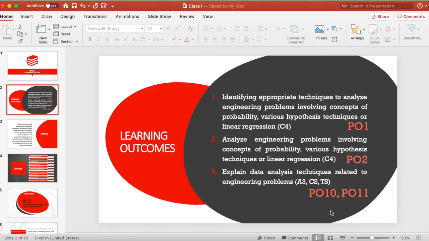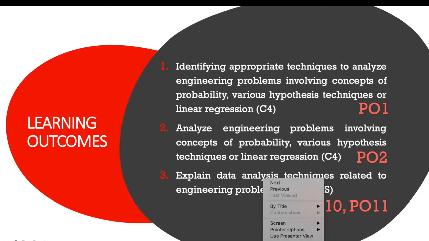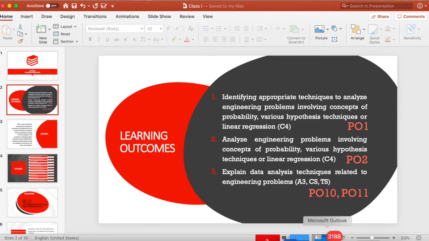All right, moving on to learning outcome 3, which is to explain data analysis techniques related to engineering problems. In this case, A3, CS, and TS, and will be covered by PO10 and PO11.